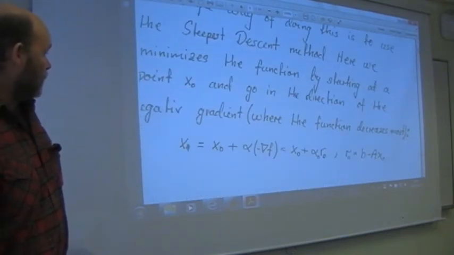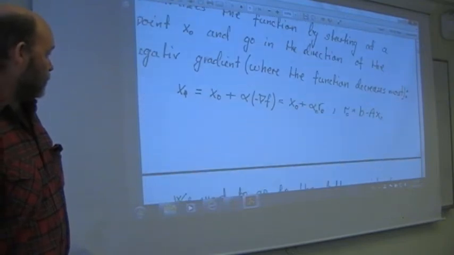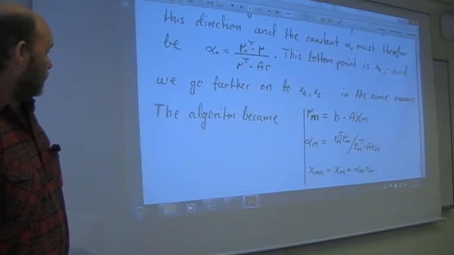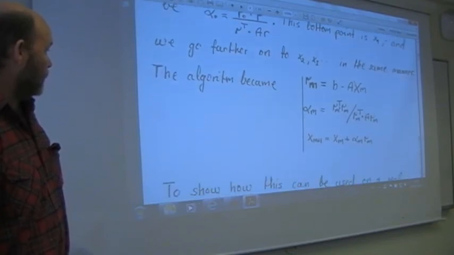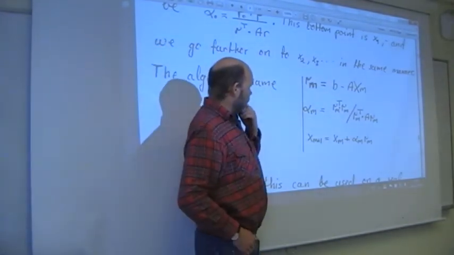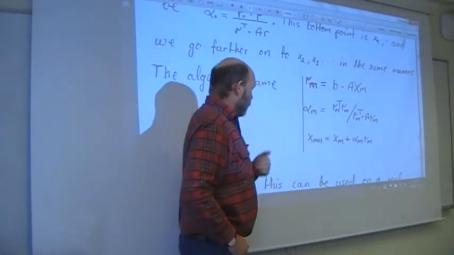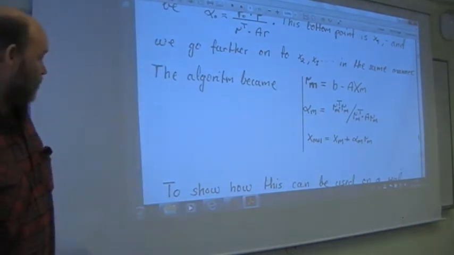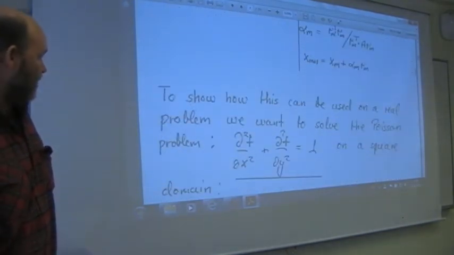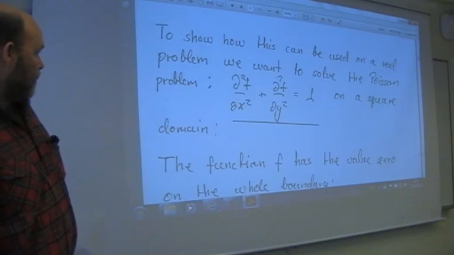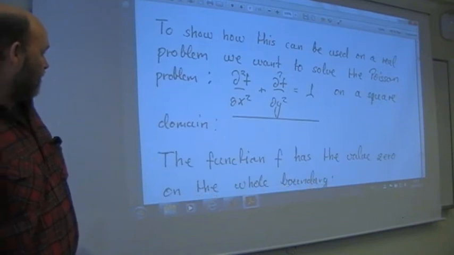And steepest descent, yes, it works, but it's too slow. So now we want to change this algorithm a little bit. Here you have the steepest descent. But now we want to change the directions of how we tend to go. Here now is an example for the steepest descent, solving a Poisson problem.